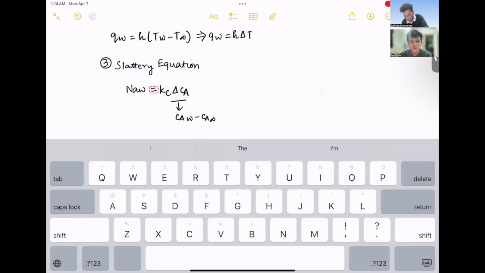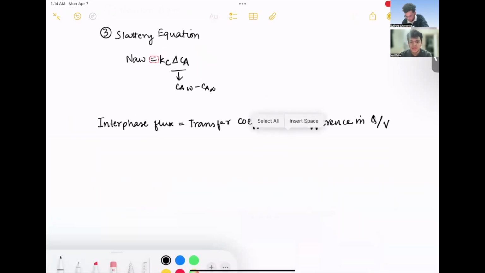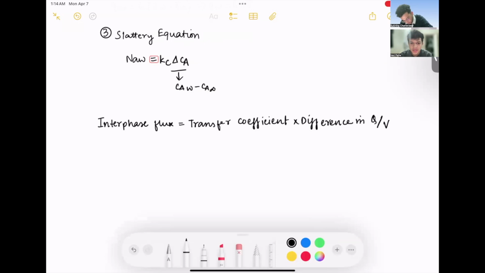We have discussed three equations before, and to match their dimensions with this interface flux formula, we can modify them. The first equation can be written as tau w equals half f into VCH into delta rho VCH.